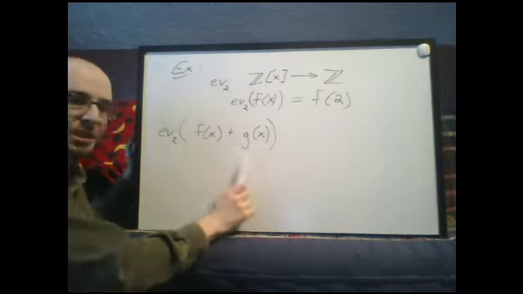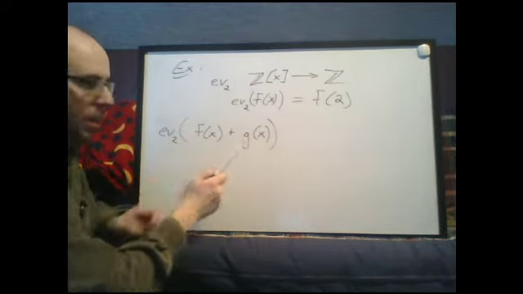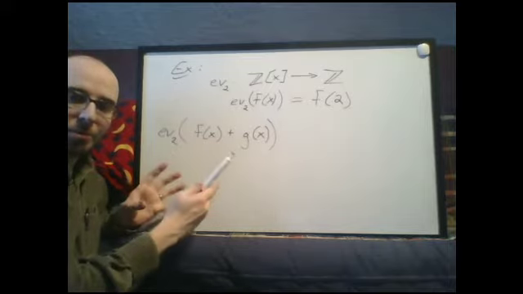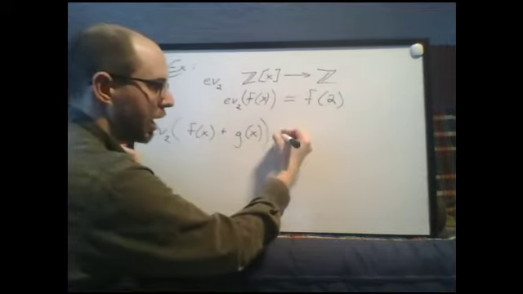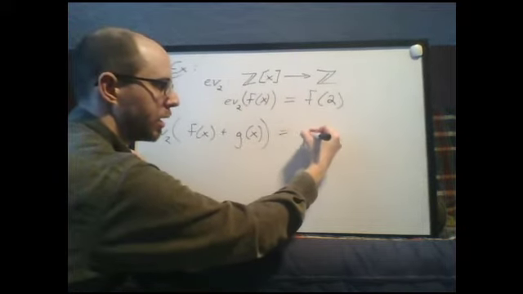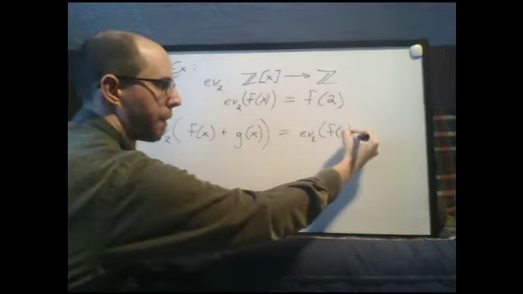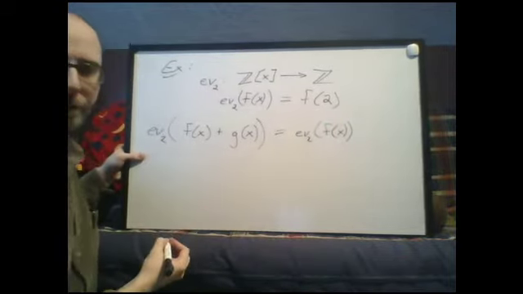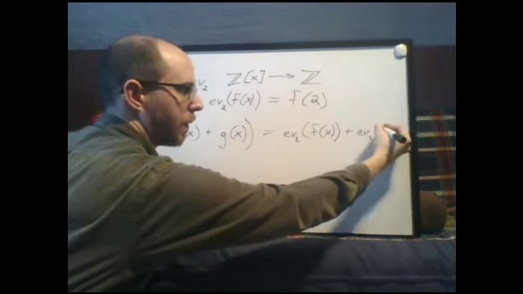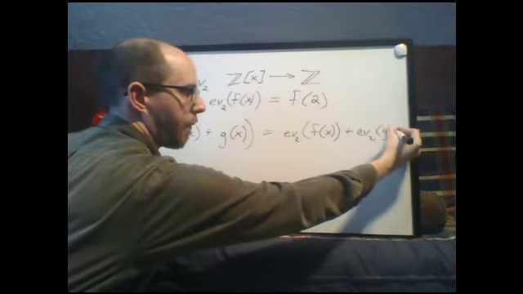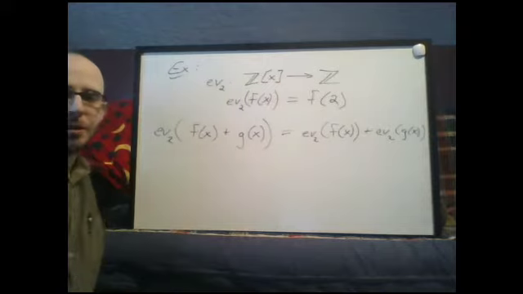The addition here is taking two separate polynomials and adding up their like terms. Then the evaluation function would take that polynomial and plug in 2 to the x's. But I get the same answer if I plug in 2 to f and I plug in 2 to g separately and then add my two numbers.